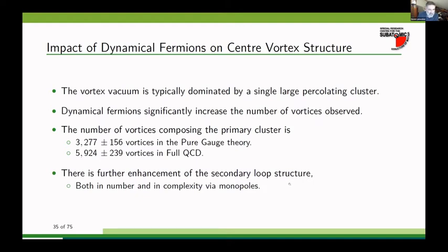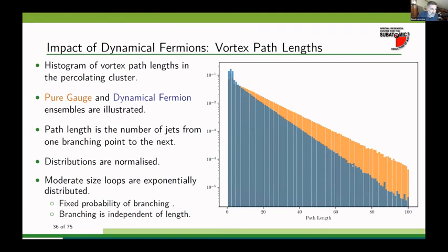We also saw that the secondary loops that we looked at are much more complicated, and there's a lot more of them. So one of the things we did was we thought, how do we quantify this structure? Now that we've seen them, we get some sense of things to quantify. What we're looking at here is a histogram of the vortex path lengths just within the percolating cluster that I was showing you.